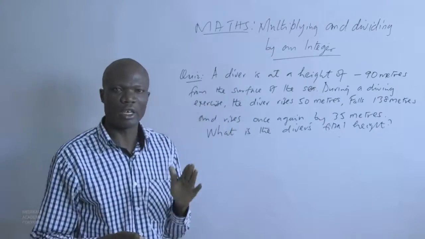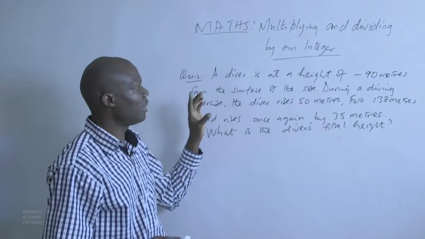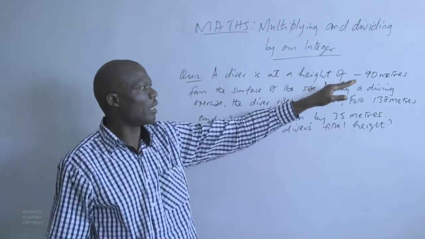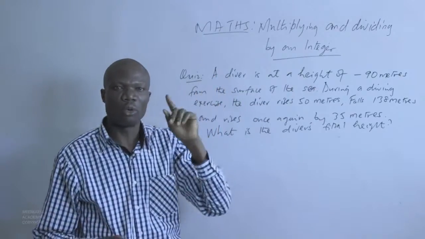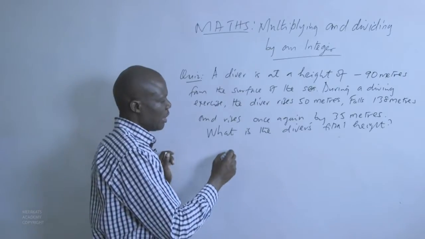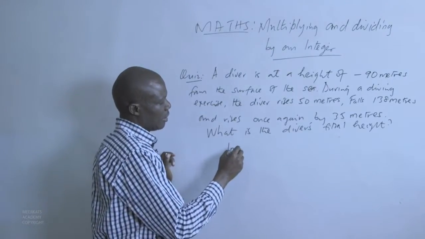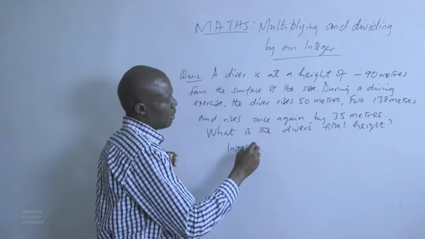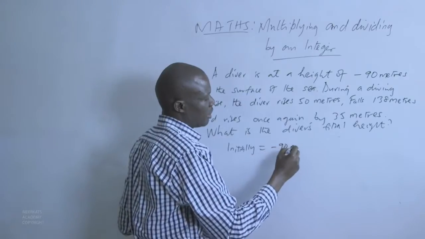The question requires you to identify the heights at each level that the diver was making. Initially the diver is at minus 90 meters.